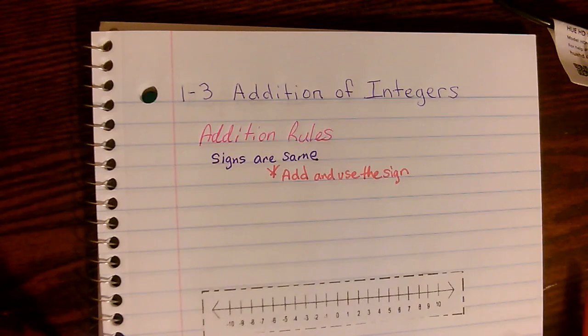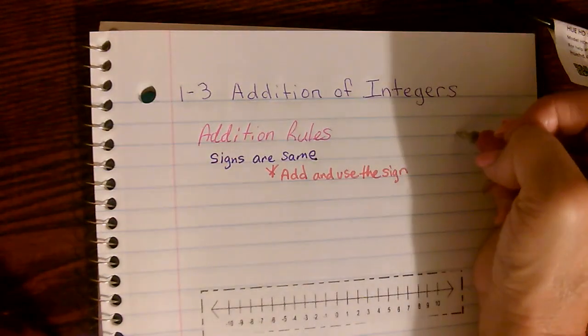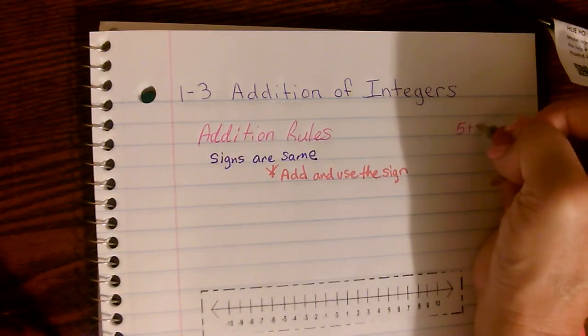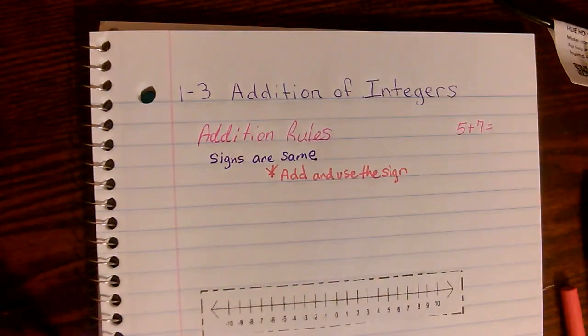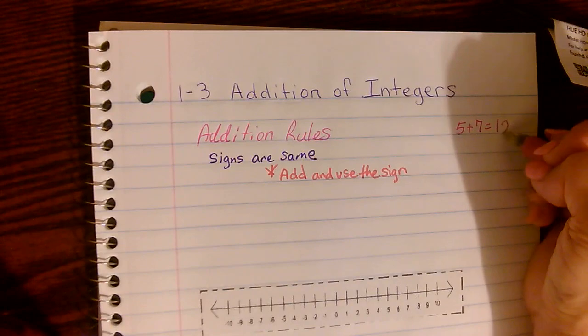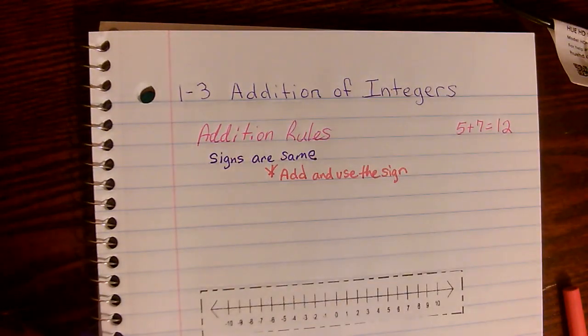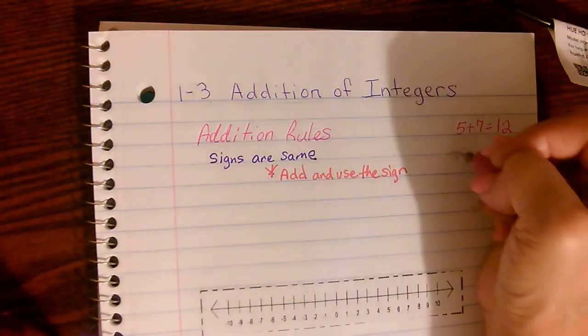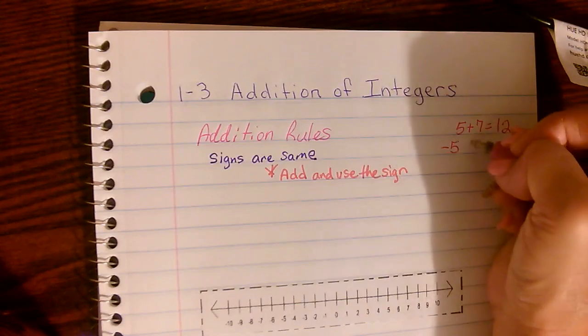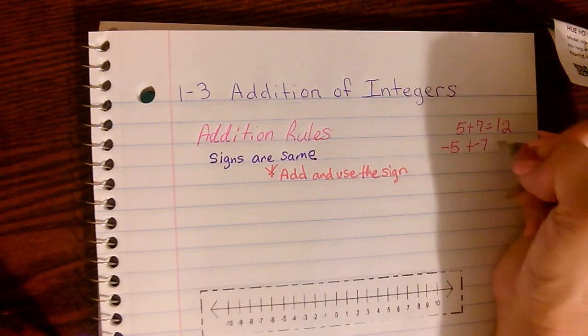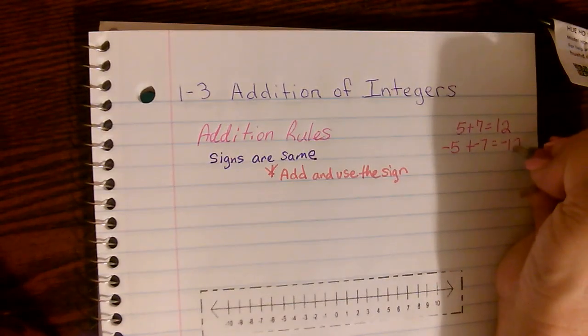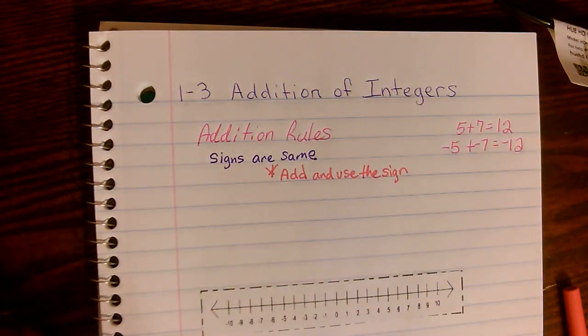And that would be like this example over here. If you have 5 plus 7, that equals 12. But if you have a -5 plus -7, that equals -12. In both cases you added, you took the sign because the signs were the same in both of the numbers being added.